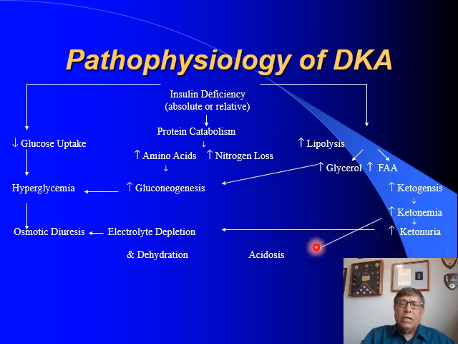And ketonemia means acidosis. And here the glycerol part contributes to gluconeogenesis, and that again adds more to the hyperglycemia, making the picture even worse.